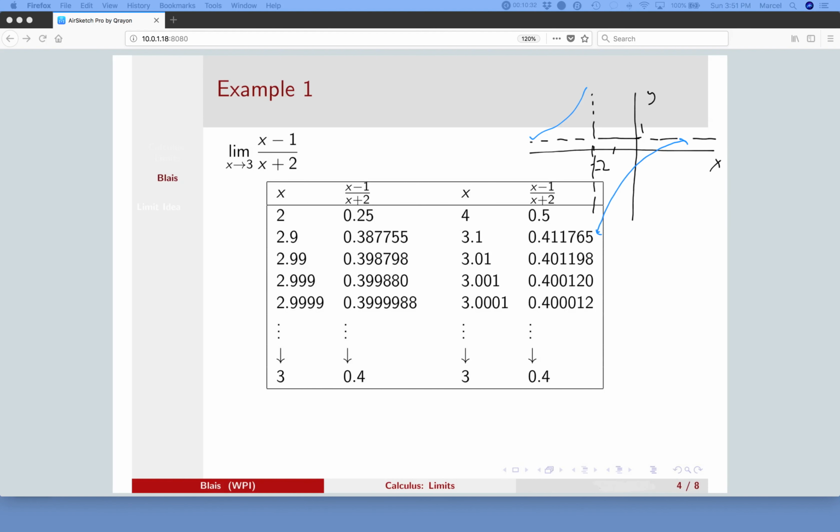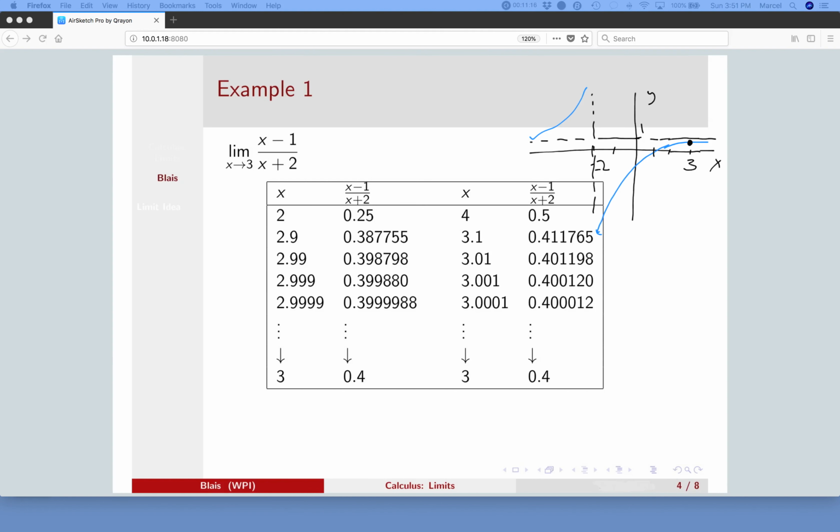And we can see that if you were to plug in x equals 3, we'd be actually up here at 0.4. So what we've noticed numerically in our table is that as we cruise up this function from the left towards x equals 3, we're honing in on 0.4 from below. And as we cruise in from the right, we're honing in on 0.4 from above. What we would expect.